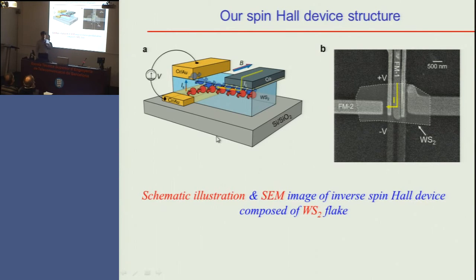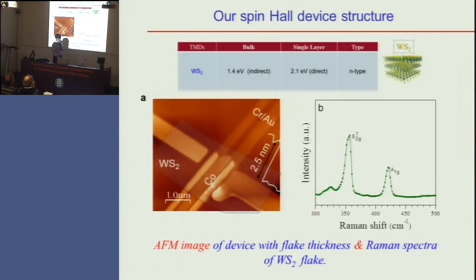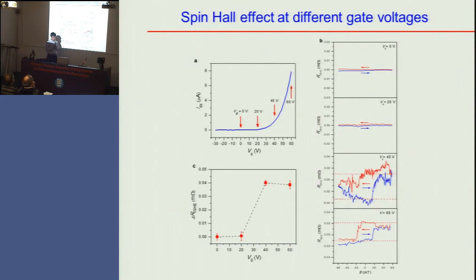In such a way, we could demonstrate there is an inverse spin Hall effect in two-dimensional materials. So these are just the sample structures for our device. So here's the result, actually.